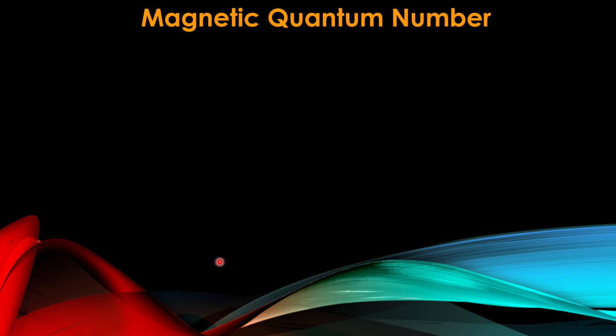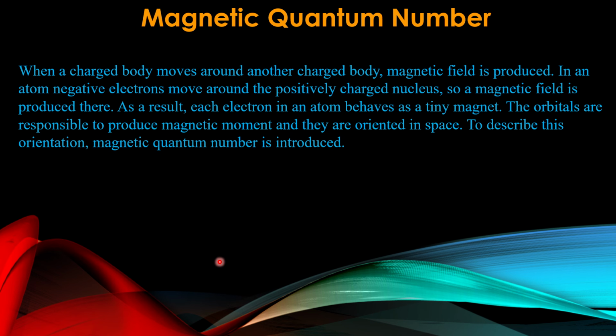So, at first, magnetic quantum number. What is magnetic quantum number? You know, when a charged body moves around another charged body, magnetic field is produced. In an atom, negative electrons move around the positively charged nucleus, so a magnetic field is produced there also.